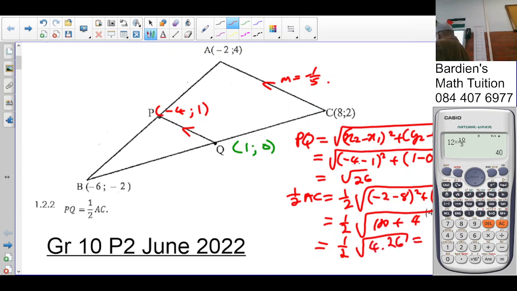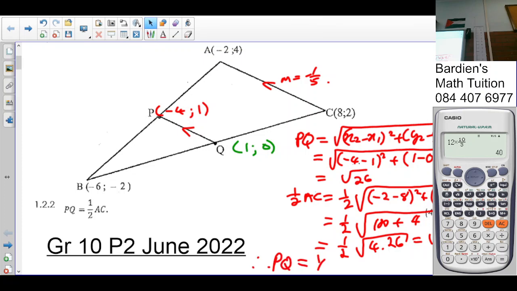Square root of 4 is 2. And 2 times half is 1. So the answer is root 26. Can you see that? Therefore, PQ is equal to half the length of AC, as we just proved it there to be the case.